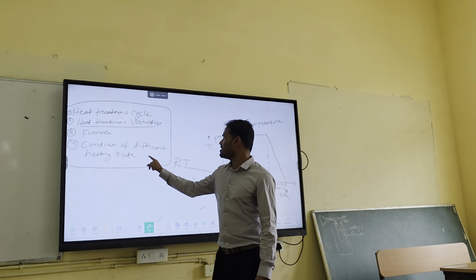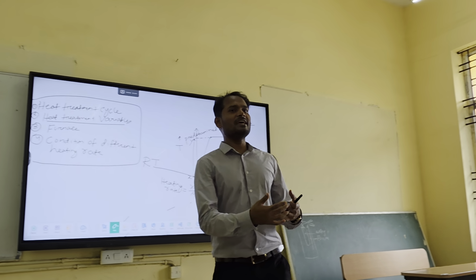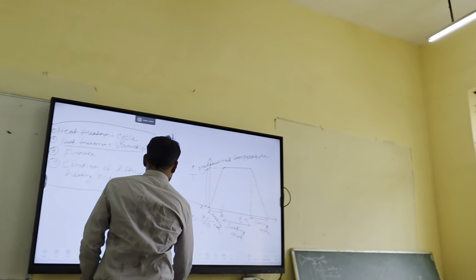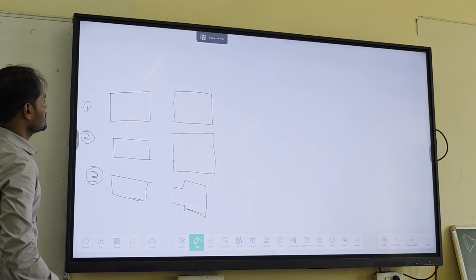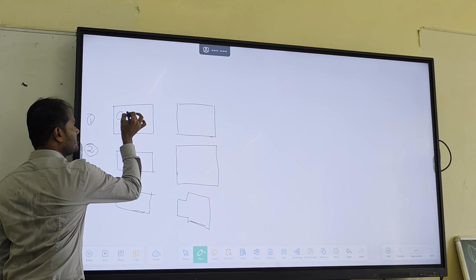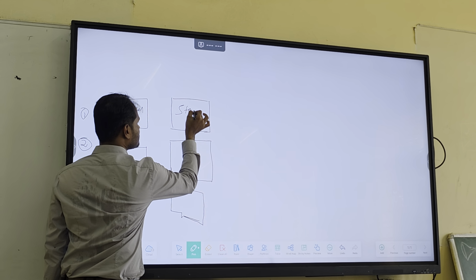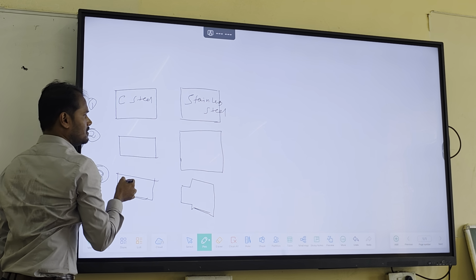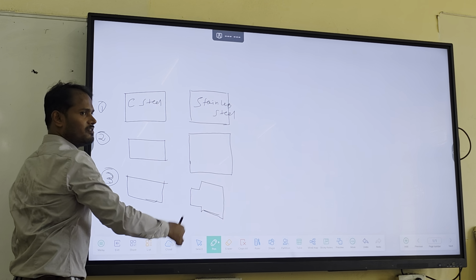This is very interesting. Condition of different heating rate. So when we need high heating rate, when we need low heating rate. Let me draw this diagram. This is for example your carbon steel. This is stainless steel. This is same metal. Second one, this is also same metal.